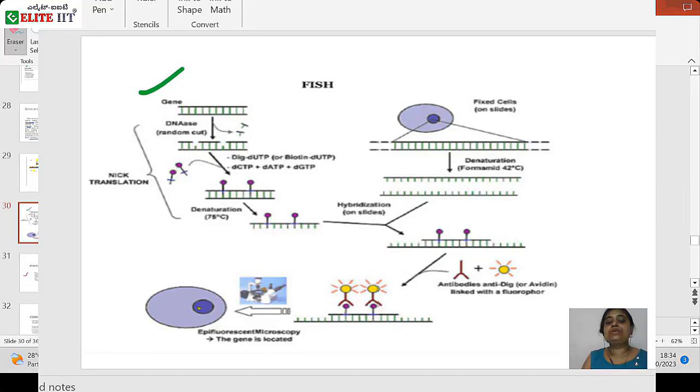In order to do that, you have to add DNase enzyme. DNase enzyme will randomly cut a few, it will remove T portions, and now dUTP for biotin. Now you just add the biotin compound.